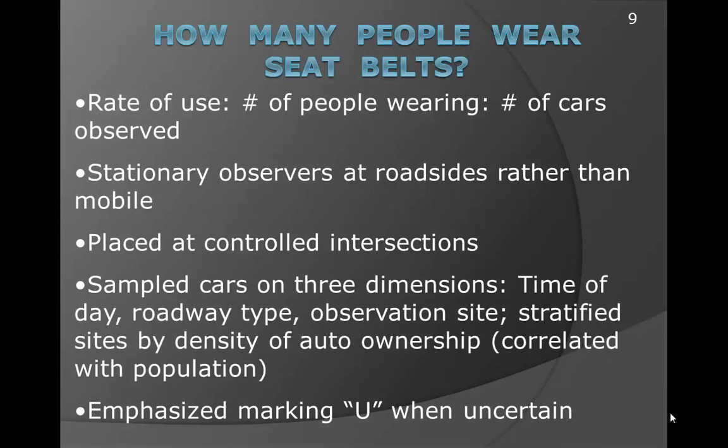Another example: how many people wear seat belts, looking at the rate of use, the number of people wearing their seat belt versus the number of cars observed. Stationary observers at roadsides rather than mobile, placed at controlled intersections, and then they sampled cars on 3 dimensions: time of day, which could make a difference, roadway type, are we talking county road, interstate, middle of the city, downtown, and they stratified sites by density of auto ownership, which is correlated with population.